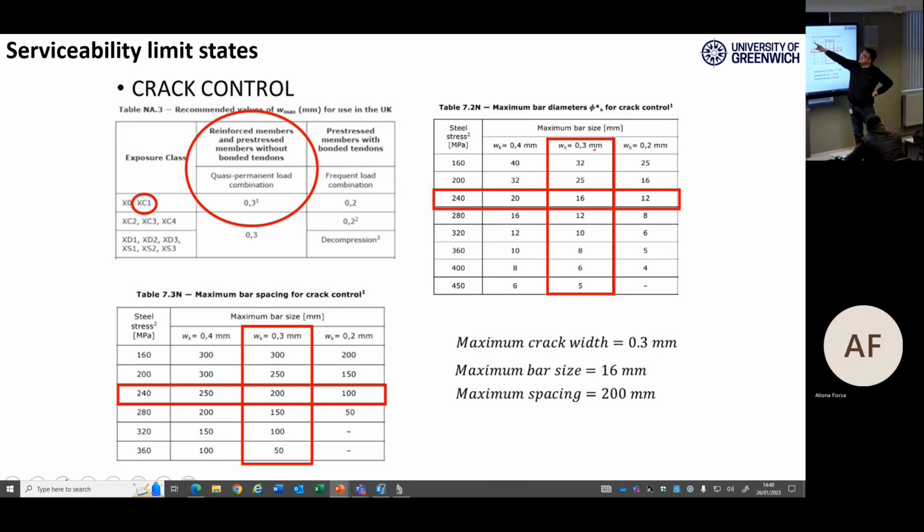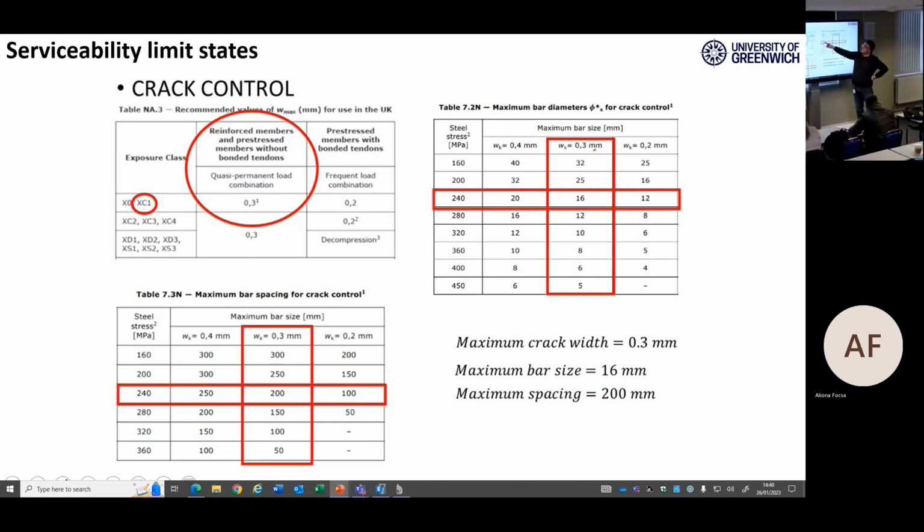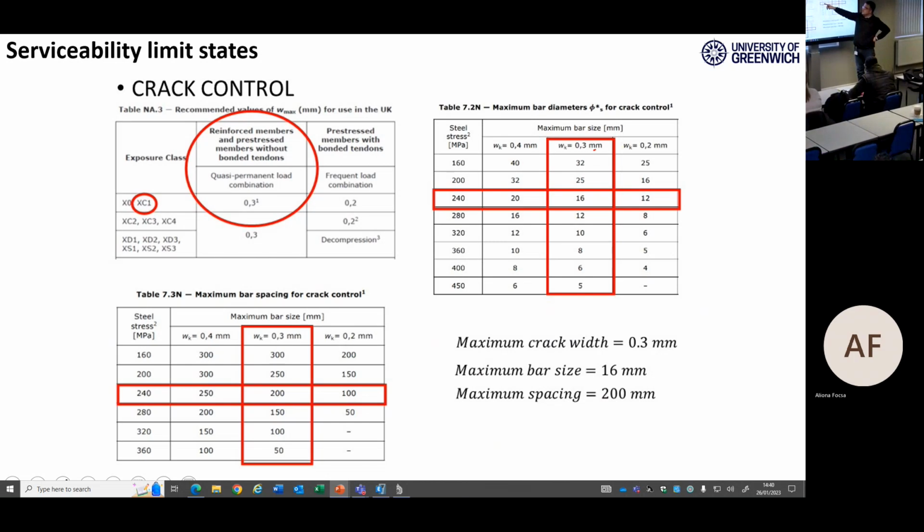And for your steel stress, for example, I'm 240, let's say, megapascal for my steel grade. So in this line and this column, I come here. 16 is the maximum bar size I can use. Right? If you want to use more than 16, you need to use better steel, the top grade steel. If you use this steel, you can use up to 25.